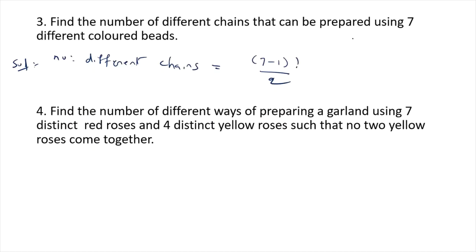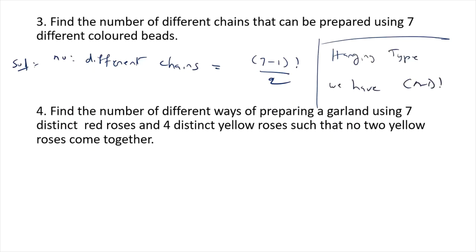Since it is a hanging type, we have (n minus 1) factorial upon 2. Both clockwise and anti-clockwise arrangements should be treated as a single arrangement. Therefore, the total number of arrangements is equal to half of the original arrangements.